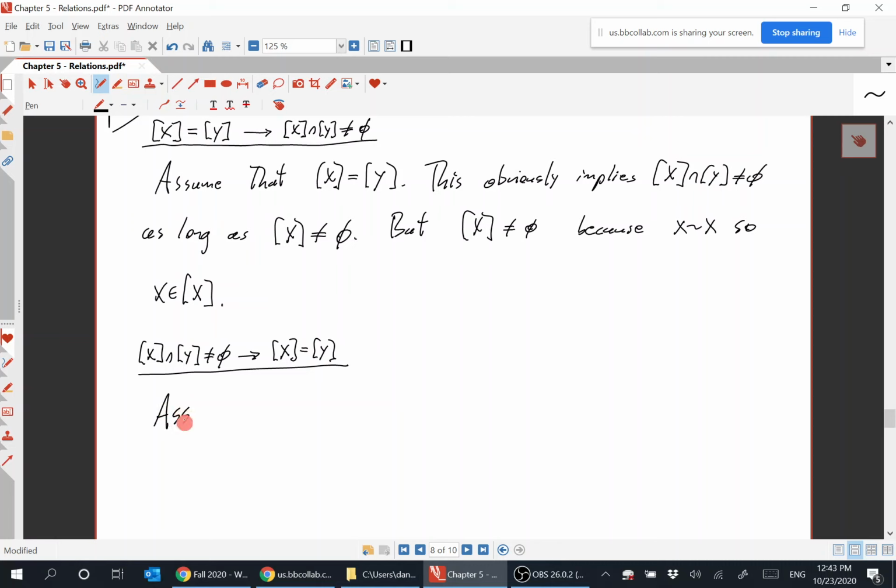All right, so assume that the class of x intersect the class of y is not equal to the empty set. Specifically, what does that mean? They share something in common.